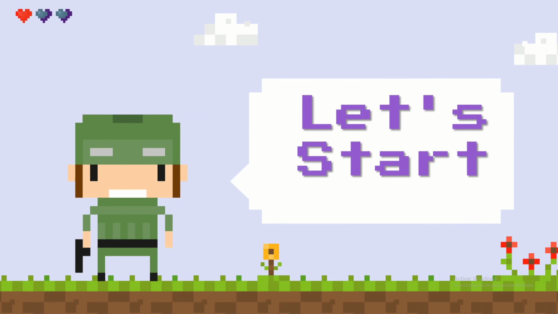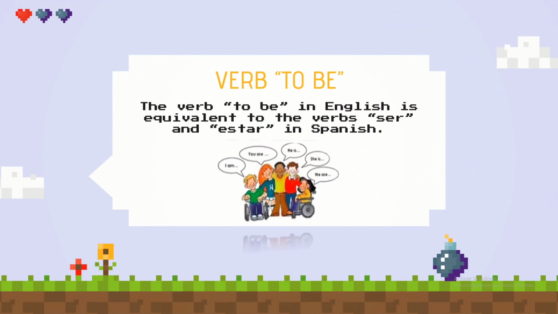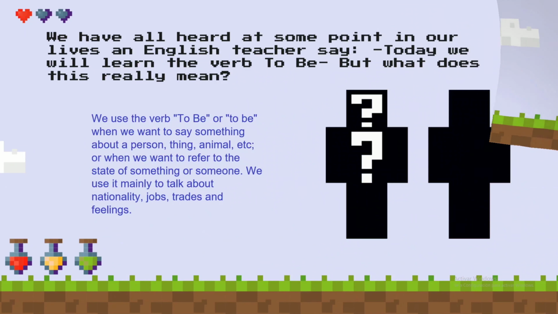Let's start. Verb to be. The verb to be in English is equivalent to the verbs ser and estar in Spanish. We have all heard at some point in our lives English teachers say, today we will learn the verb to be. But what does this really mean?